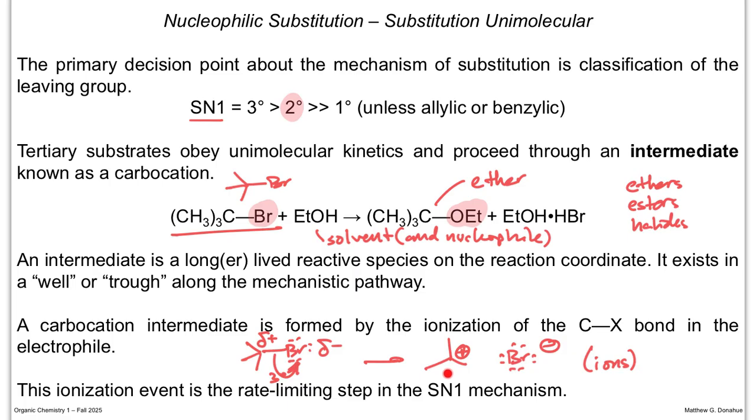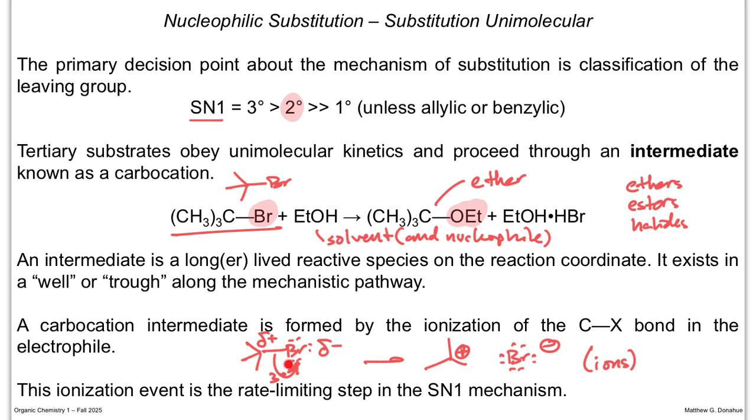That process is the rate limiting step, how that carbon leaving group sigma bond ionizes. So rate limiting means that is the highest hill in the energy coordinate. You have to put a lot of energy to get over that hill. Because of that, it's the slowest step.